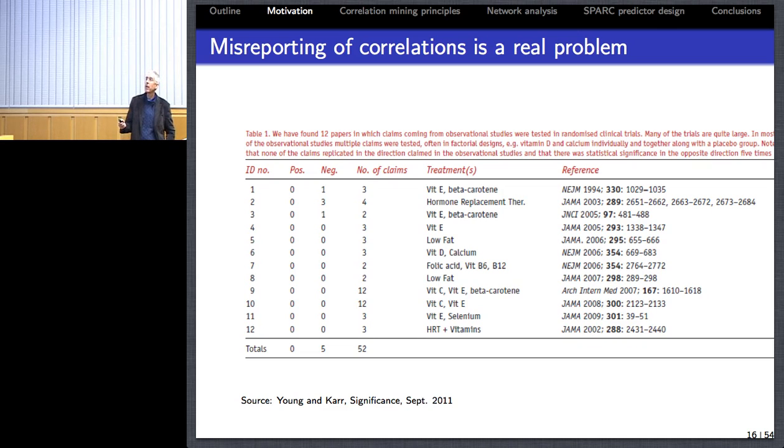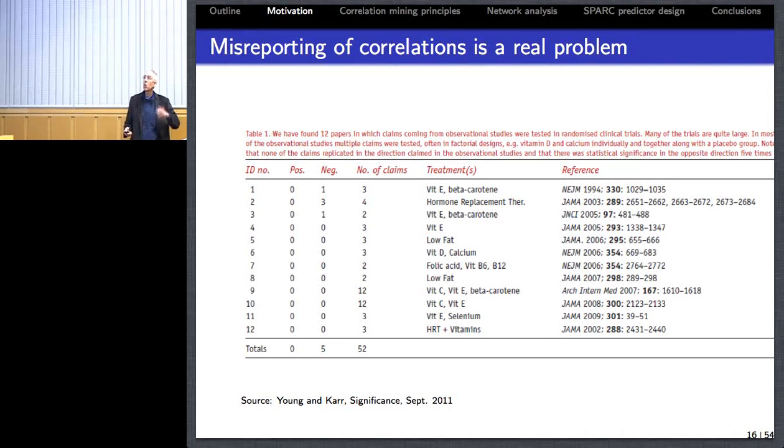They got the data from these various papers and tried to replicate the conclusions. And you can see that none of them replicated. None of these 12 studies replicated. In fact, 3 of them replicated in the negative direction. So the opposite conclusion was actually the case when they replicated these experiments.